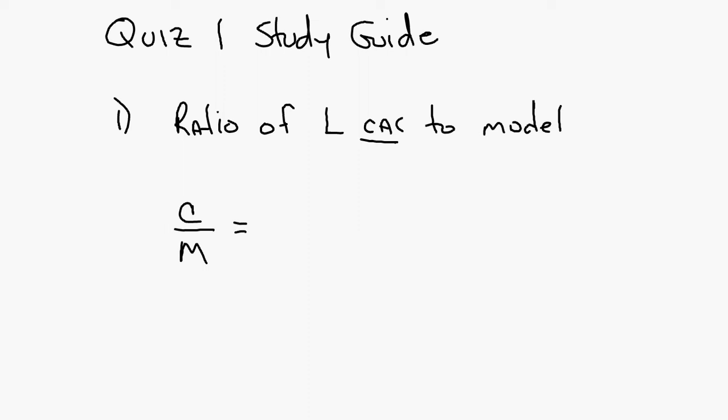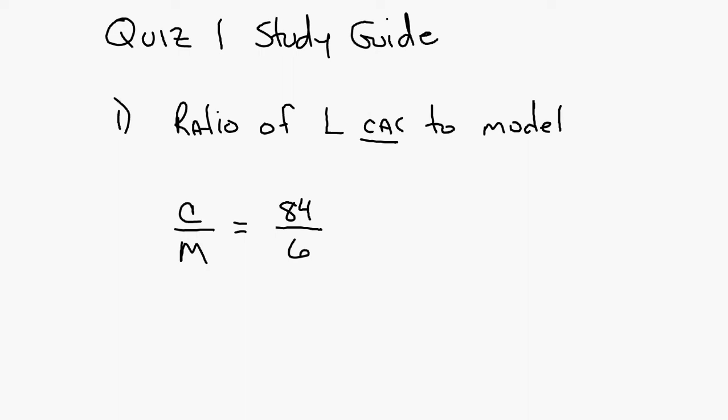Now, the car dimension is in feet and the model dimension is in inches, so you have to convert them both to inches. Since it's 7 feet, you multiply 7 by 12. 7 times 12, you get 84 inches for the car, and 6 inches for the model. Then you have to simplify.